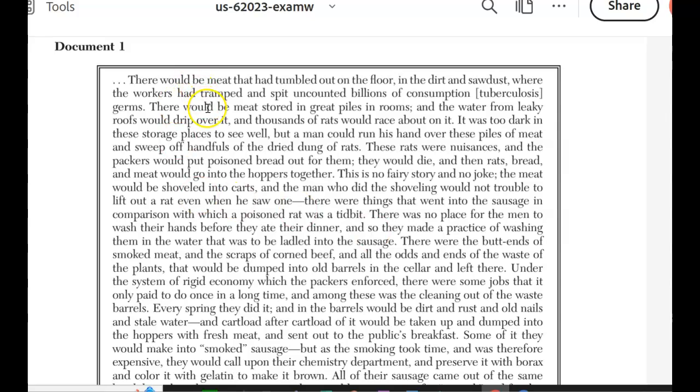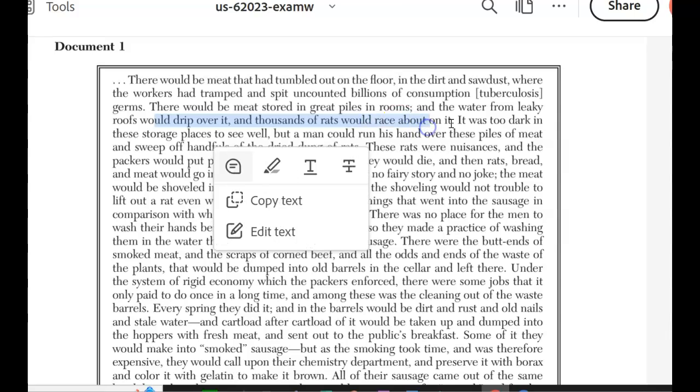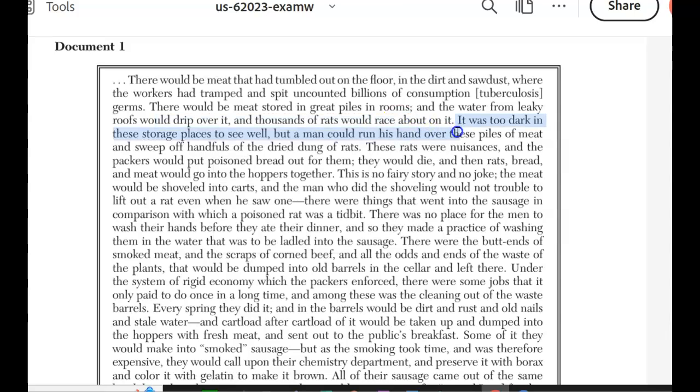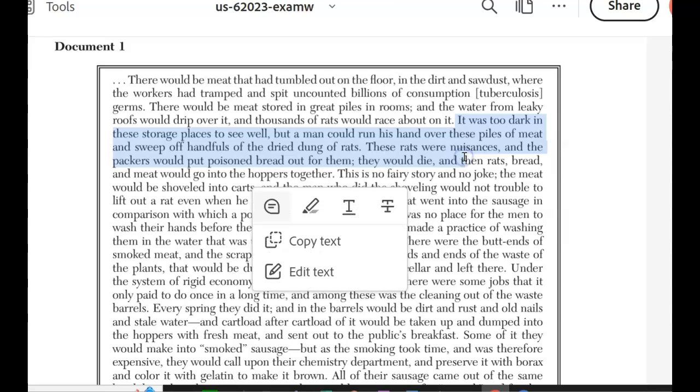There would be meat stored in great piles in rooms, and the water from leaky roofs would drip over it. Thousands of rats would race about on it. It was too dark in these storage places to see well, but a man could run his hands over these piles of meat and sweep off handfuls of the dried dung, the manure of rats.